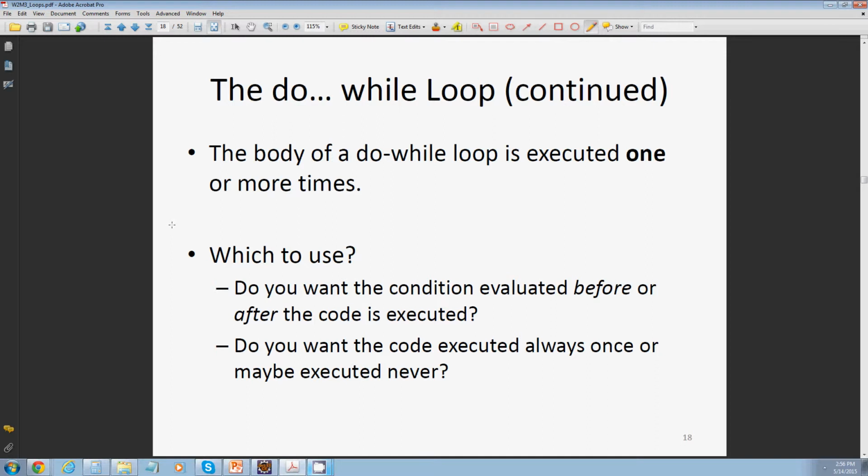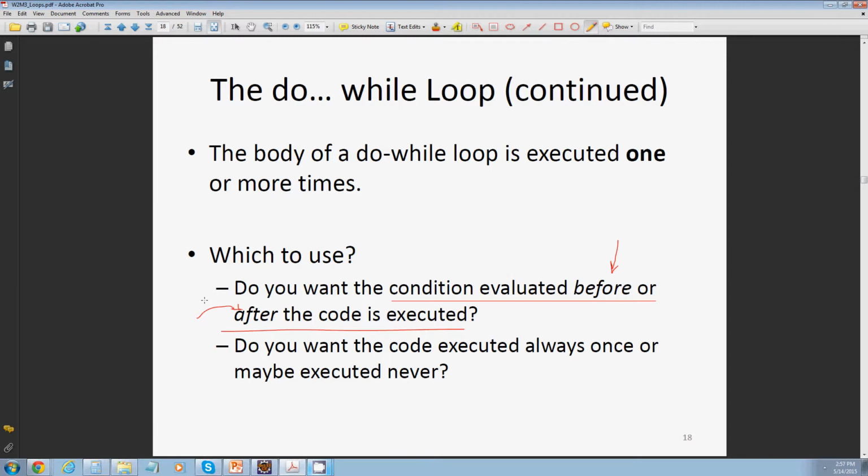But when you're determining between a while versus a do-while, the questions to ask are, do you want the condition evaluated before or after the code is executed? With a regular while loop, you evaluate the condition beforehand, and with a do-while, you evaluate the condition afterwards. So perhaps there's something about when your variables are updated that answers that question for you.